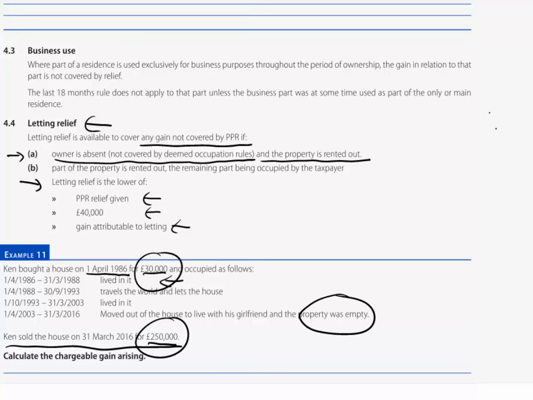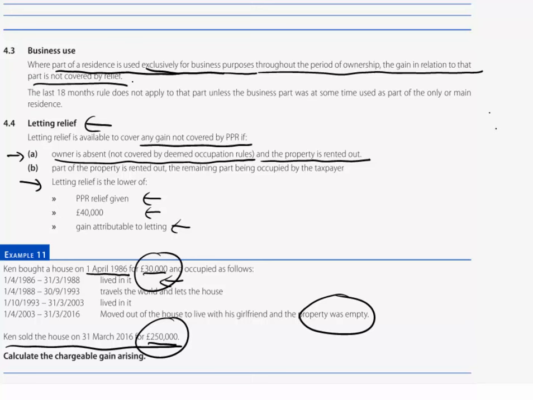But what may have happened, and you'd be told this of course in the question, is if you had a part of the residence that is used exclusively for business purposes, if that was throughout the period of ownership, the gain in relation to that part is not covered by the relief.